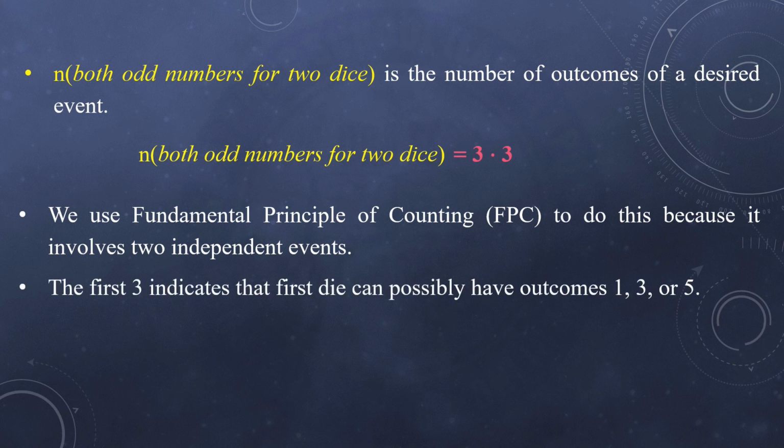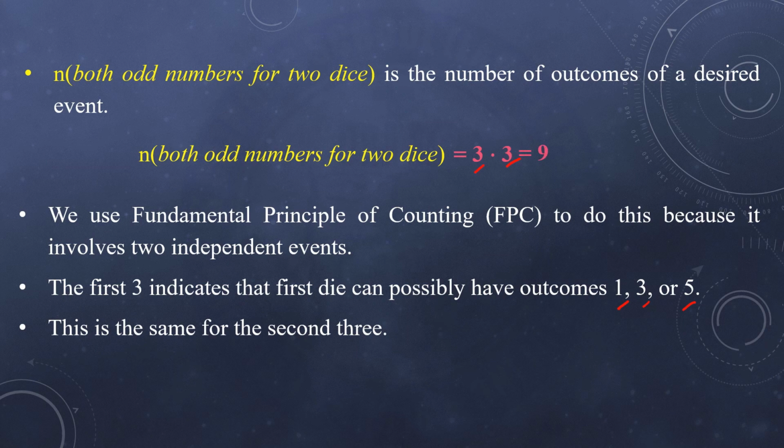This first 3 indicates that the first die can possibly have outcomes 1, 3, or 5. This is also 3 because it is the same for the second 3. We can have outcomes 1, 3, or 5 here. And if we are going to get its product, the answer would be 9. So, there would be 9 possible outcomes when both odd numbers turn up for 2 dice.